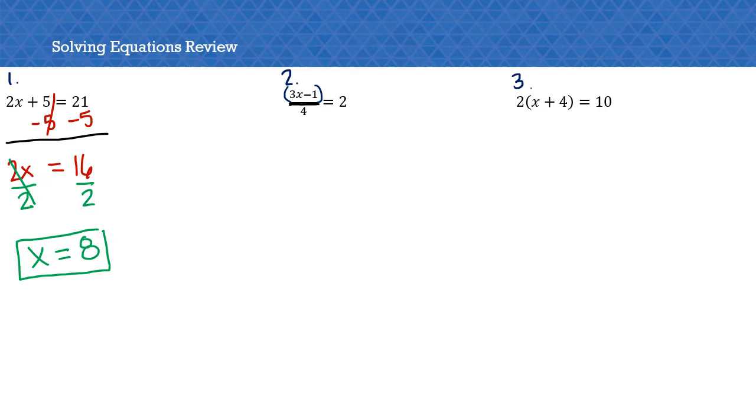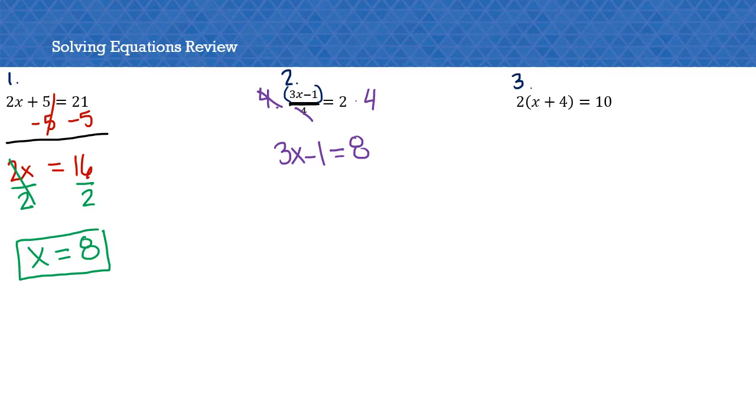That's all one grouping by itself. So we can't do anything with that yet until we get rid of this dividing by 4. So the inverse operation of division is multiplication. So we multiply both sides by 4, and now we're left with 3x minus 1 is equal to 8.